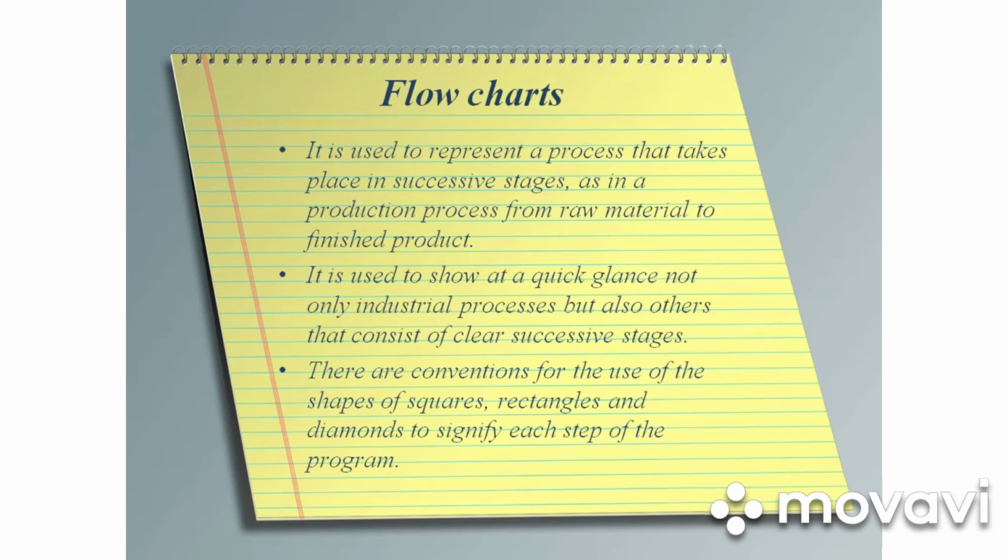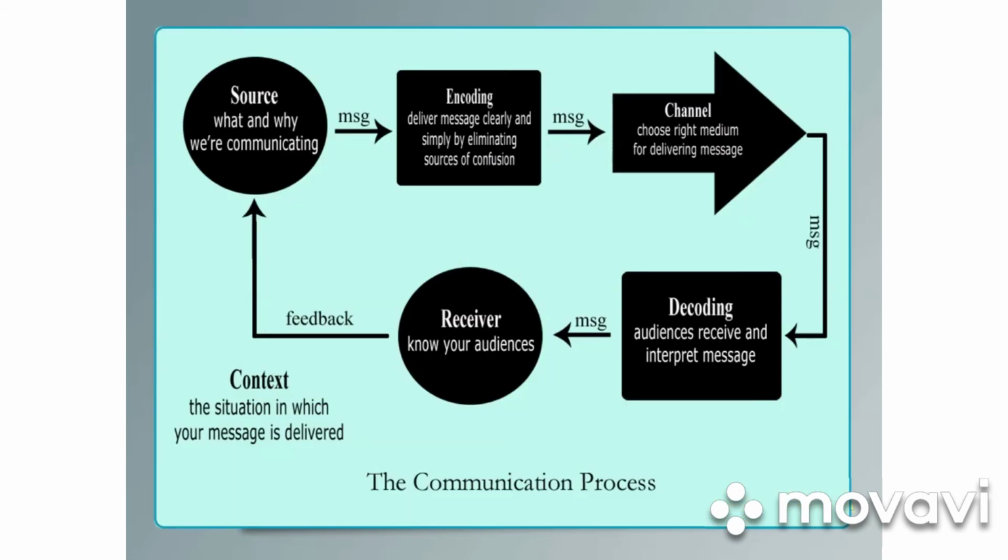There are conventions for the use of the shapes of squares, rectangles, and diamonds to signify each step of the program. For instance, we can have the communication process: source, what and why we are communicating, message, encoding, channel, decoding, receiver, and feedback. This happens in context, and the complete process is called the communication process.